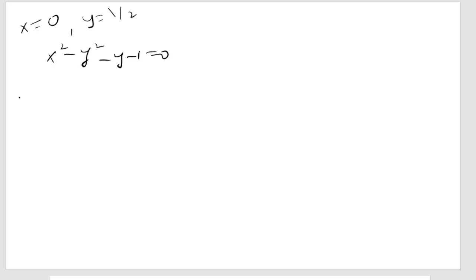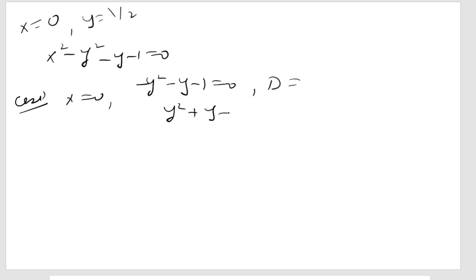Let's say case 1: I will take x is equal to 0. If I take x equal to 0, I will get minus y square plus y minus 1 is 0, so y square minus y plus 1 is 0.